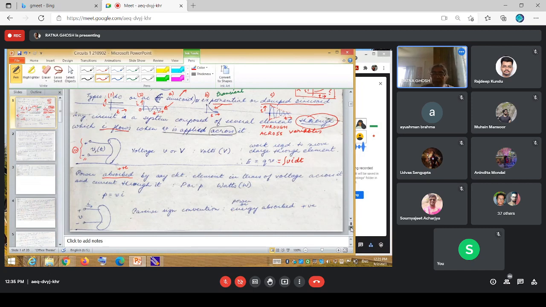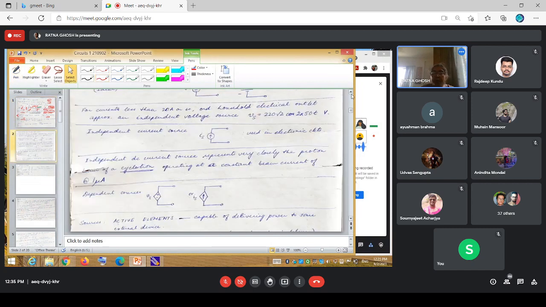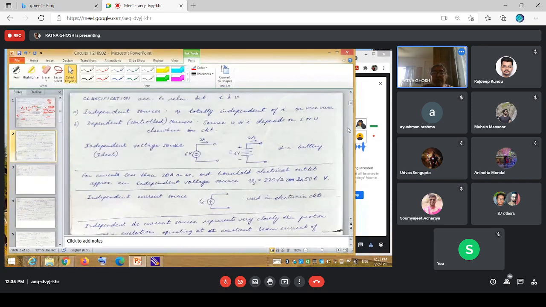Now, if we move on to a few more basic terms, first is the classification of elements in terms of the current and voltage. I mentioned that you talked about the spring constant being a through variable or something.